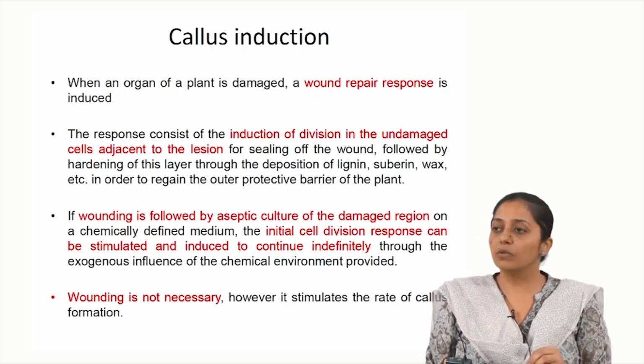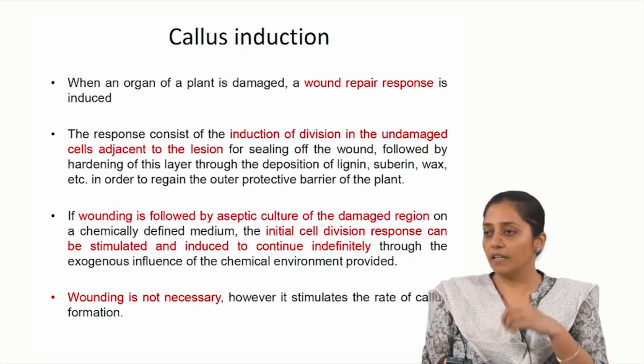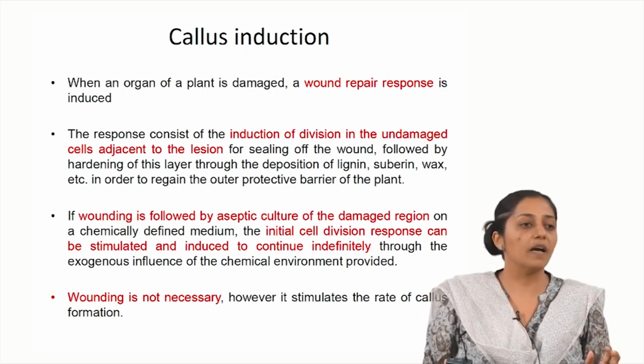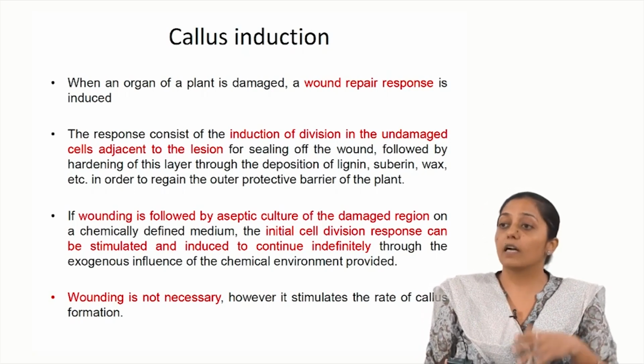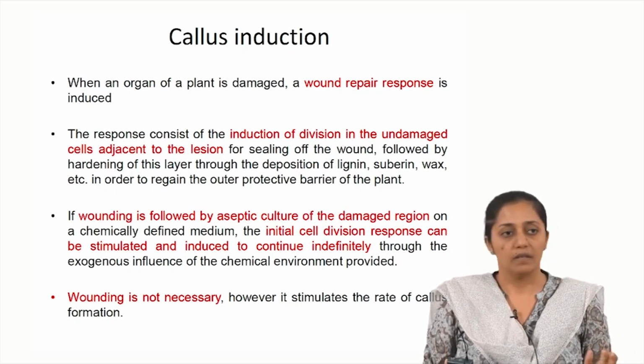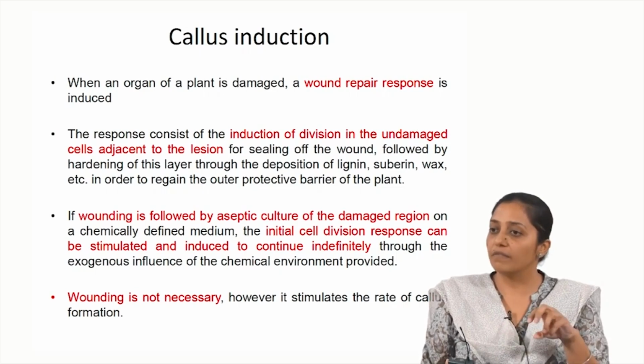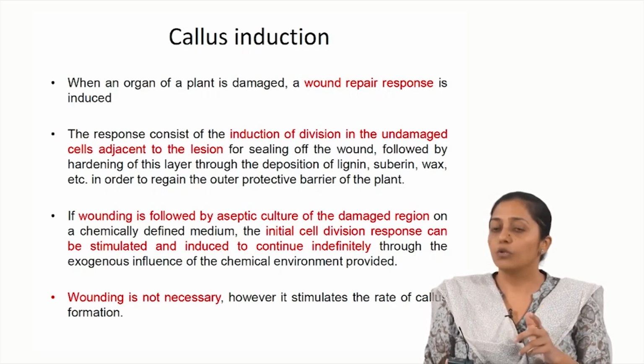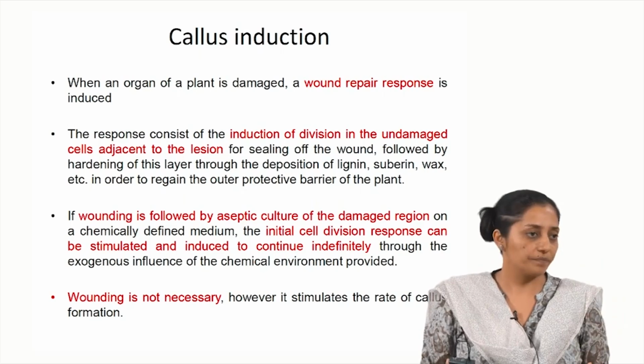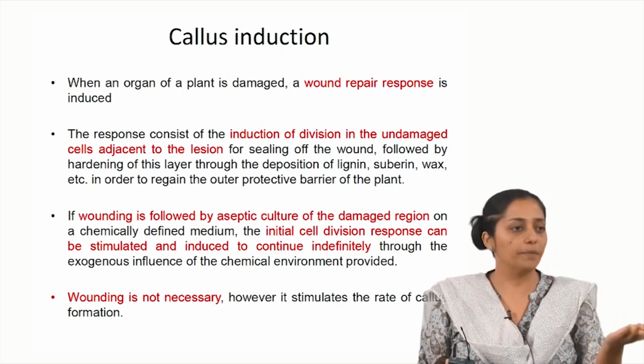Now, when you need to exploit this in in vitro cultures, what would you like to have? You would like a continuous repair mechanism rather than closing it at any time. So you would like these cells, which have started rapidly dividing, to continue to divide forever till you subculture them and provide medium.